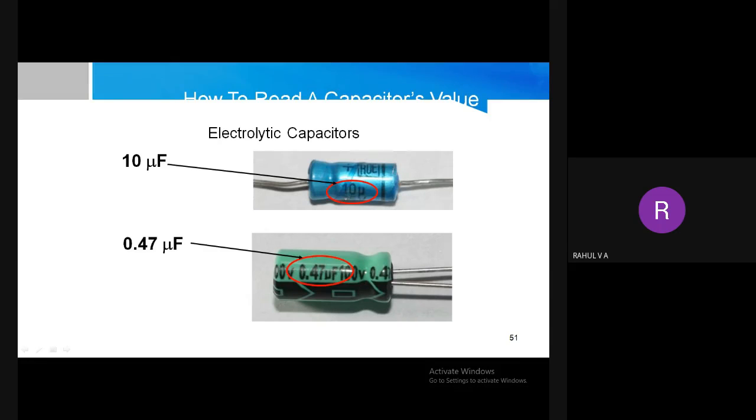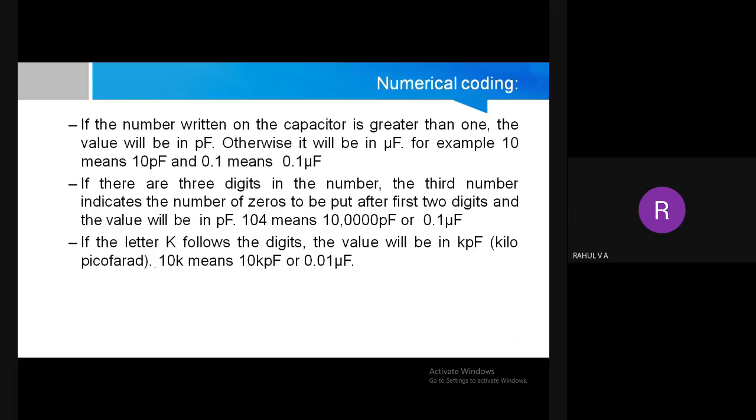You can see it is written 10 micro here, so that means 10 microfarad. 0.47 microfarad is also written here. So you will get the value directly from that capacitor. And then we have two more methods. One is numerical coding and another is color coding.